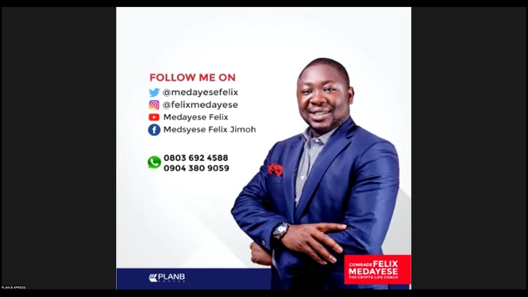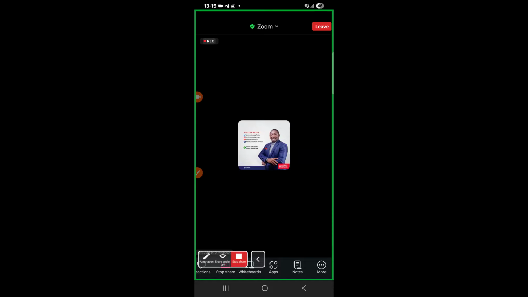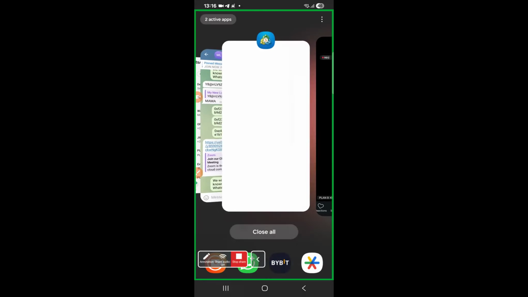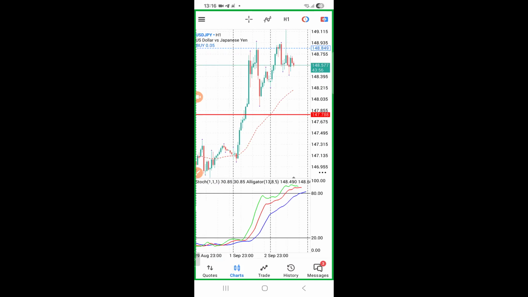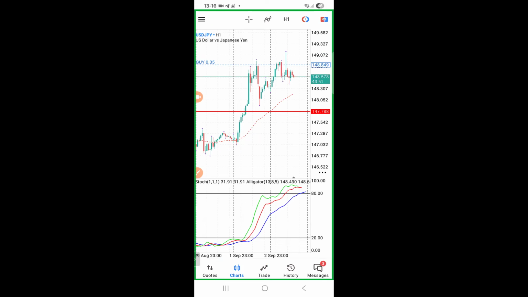Oh my God. No problem. Let's see what's going to happen. I'm surprised to see a trade running. That's the problem with we that are very busy all the time trying to meet up. Now let's go to my MT5. See, I have a trade running I never knew. I bought. What really happened? And this thing is selling massively.